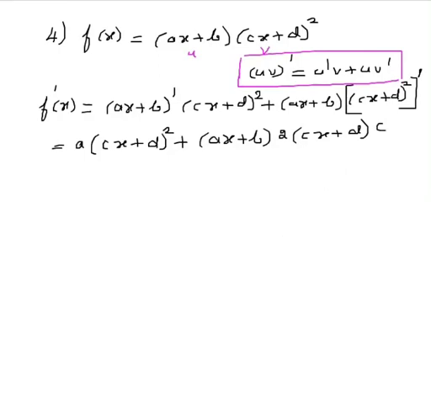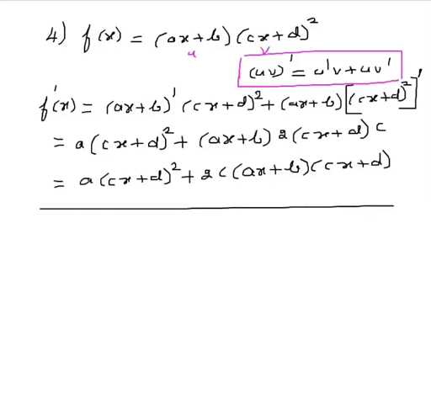So we have applied chain rule. A into cx plus d the whole square plus 2c times ax plus b times cx plus d. Or you may take the common factor cx plus d out and you may write the expression.